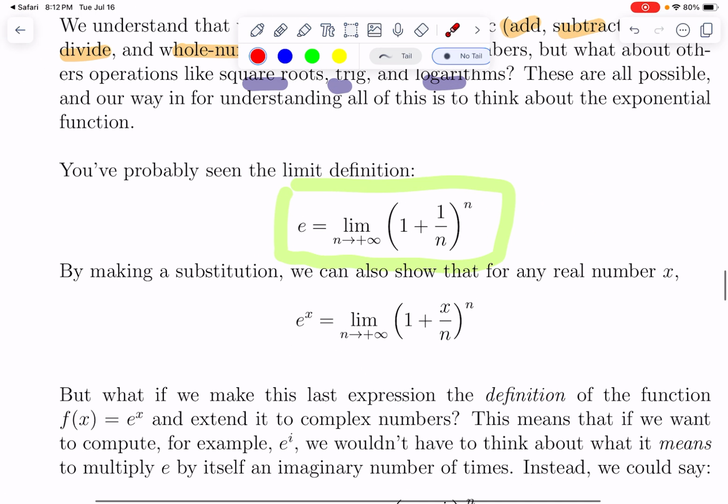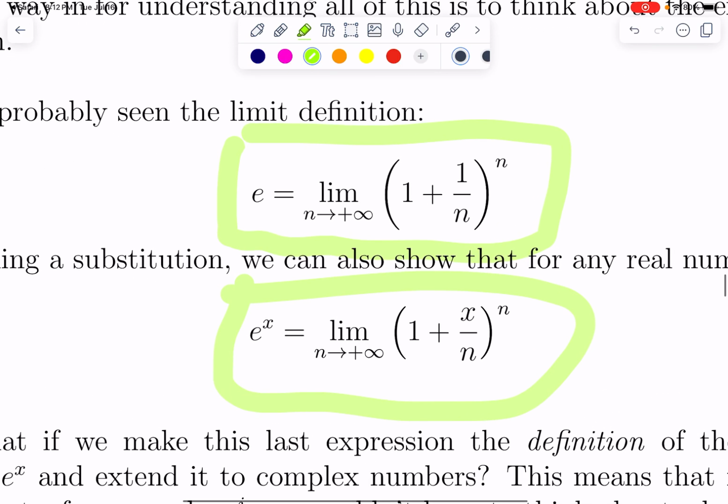Now, I'm not going to go through the details, but by making a substitution, we can also show that e to the x is the same thing where we just put an x there instead of 1. So basically, here is e to the first power, and here is e to the x power. Very similar process.